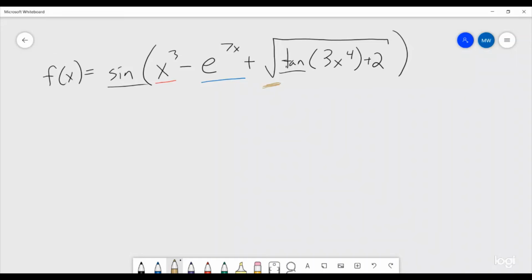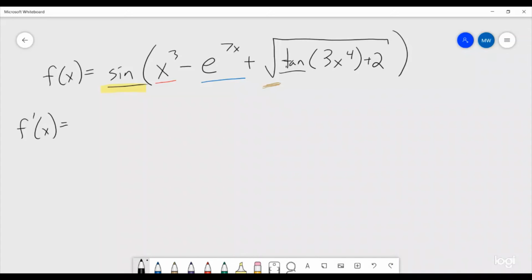So this is a function that is totally doable to take the derivative of. The challenge, though, is it's tested on at least 4 different types of derivatives, not including the chain rule. So let's just go through this one as our final example. So if we look at what is f prime of x going to be, well, the derivative of our outsidemost function, that is going to be this sine.